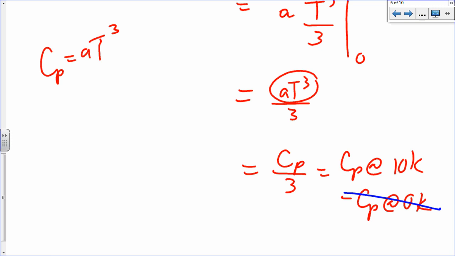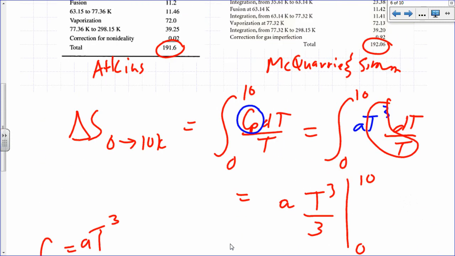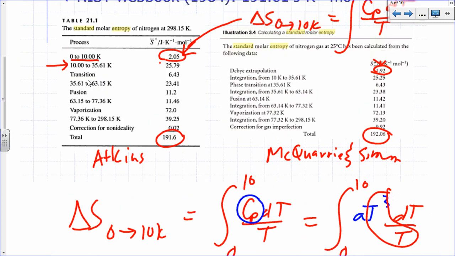So it's just Cp at 10 Kelvin divided by 3. Whatever the Cp is at 10 Kelvin, you just divide it by 3. That gives you your value for delta S going from 0 to 10 Kelvin. So it looks like Atkins and Macquarie were using different values, because Macquarie and Simon has 2.05 and Atkins has 1.92.